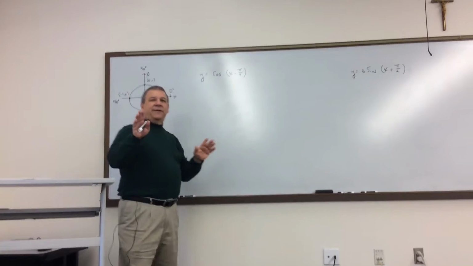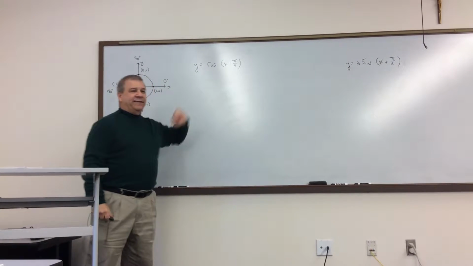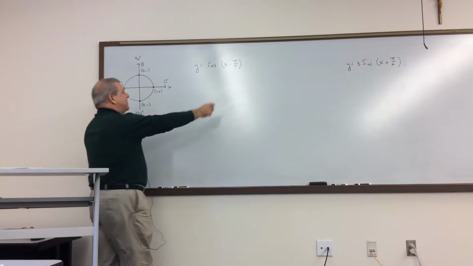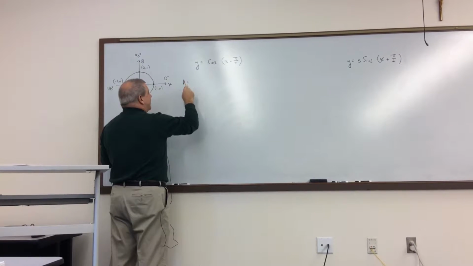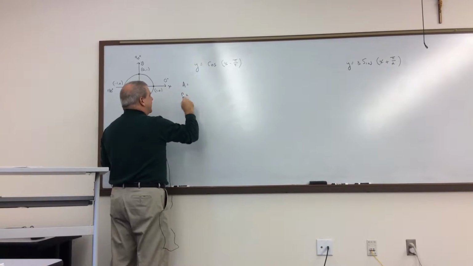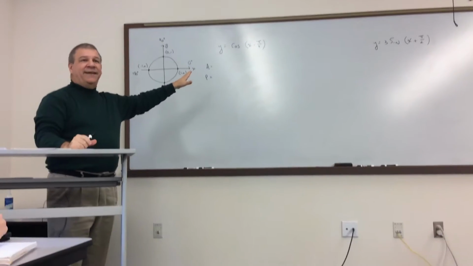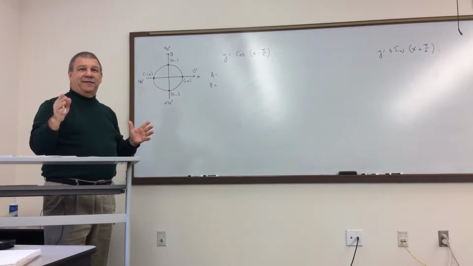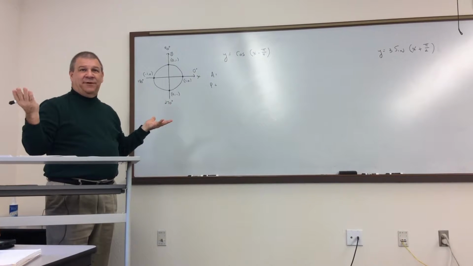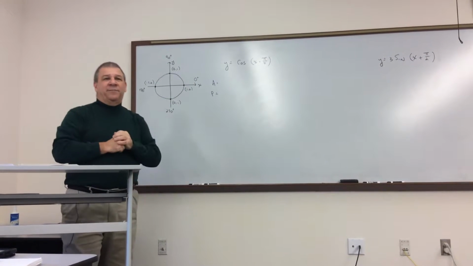Just write that down. I'm not even going to put VT down, because the only time there's a vertical translation is when a number is plus or minus after it, which is not there.